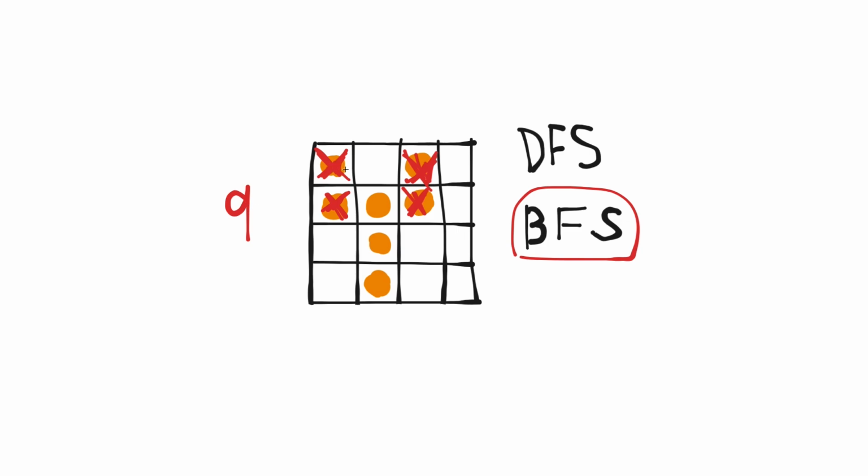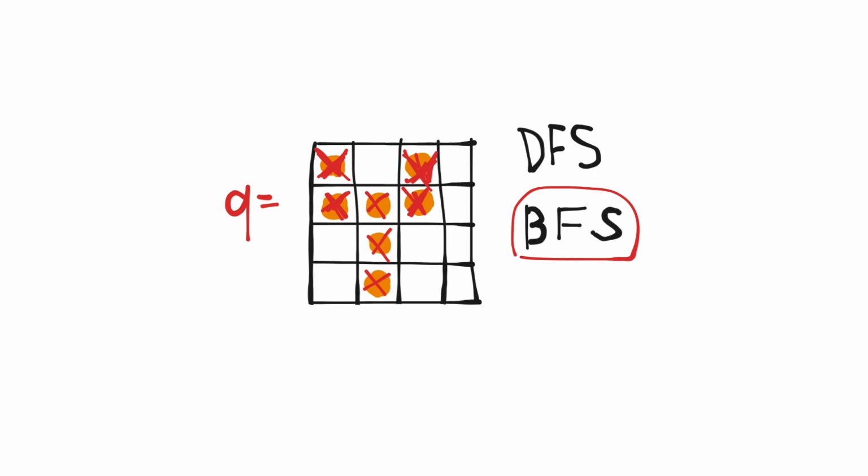We need to pop the old oranges because we don't need them anymore, and we need to add these 2 oranges. And then go step by step, rotting oranges level by level. We need to stop when we have nothing in the queue anymore. So when the queue is empty, it means that our BFS is finished.